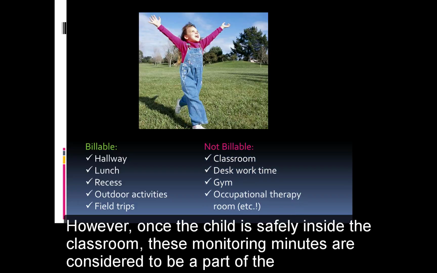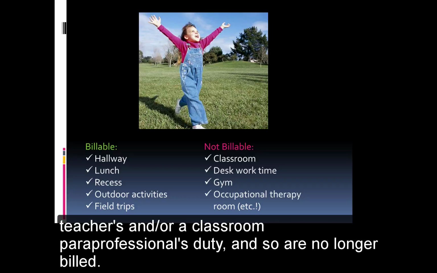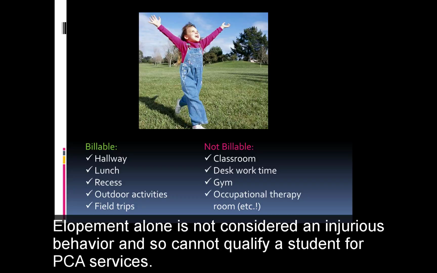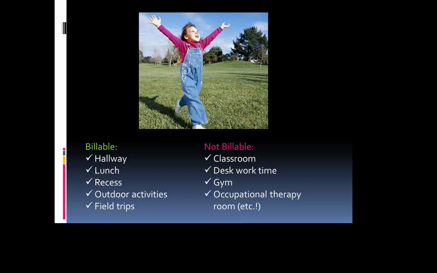However, once the child is safely inside the classroom, these monitoring minutes are considered to be a part of the teacher's and/or a classroom paraprofessional's duty, and so are no longer billed. However, please note that the student must qualify for PCA services due to other injurious behaviors or ADL deficits. Elopement alone is not considered an injurious behavior, and so cannot qualify a student for PCA services.